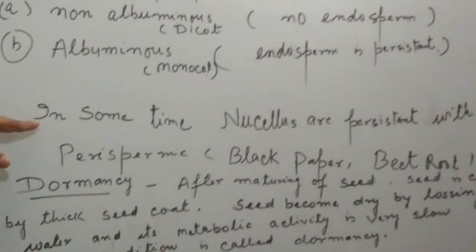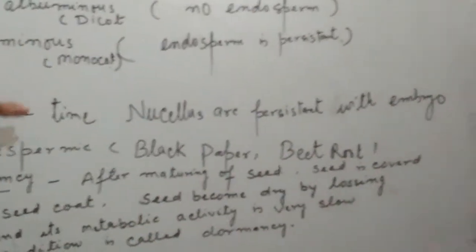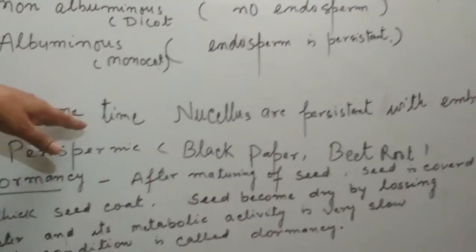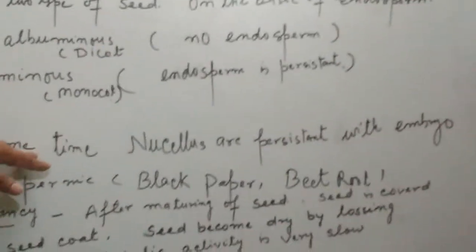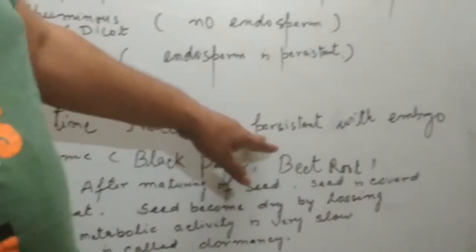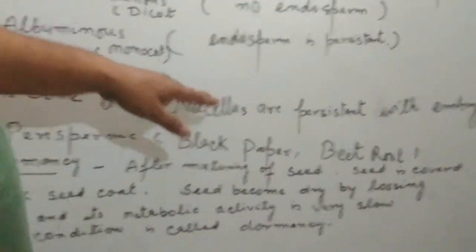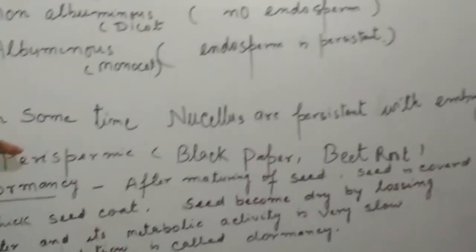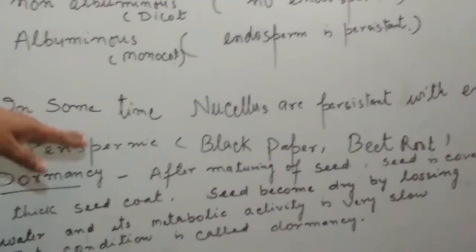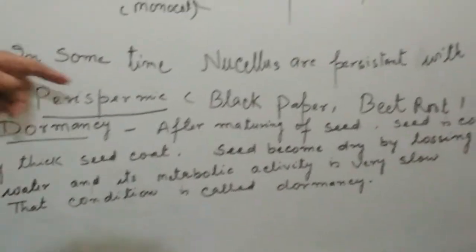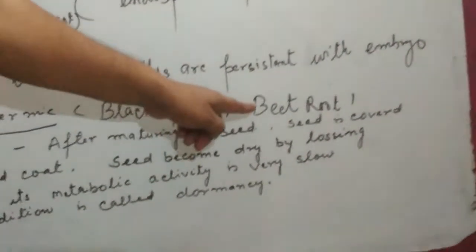Next is, sometimes the nucellus is persistent. Some ovules have a nucellus that is persistent; it is not utilized completely, but remains as a residue inside. That type of seed is called perispermic. The terminology is perispermic, in case of black pepper and in case of beetroot.